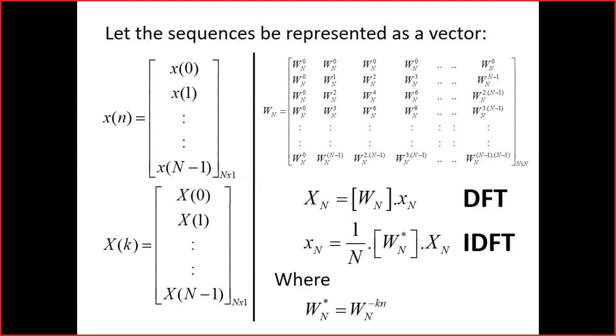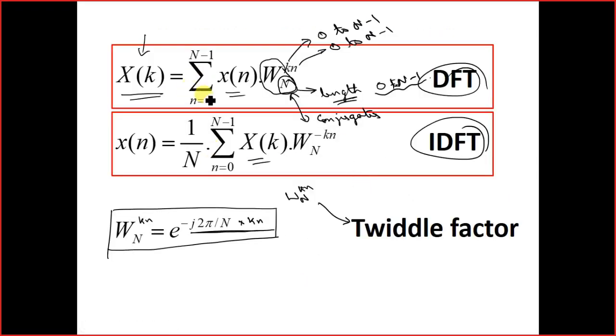Now, suppose we have a signal x[n]. If you see what we have done, we have said that for n equals 0 to N minus 1, we have x[n] multiplied by the Twiddle factor in the forward transform.